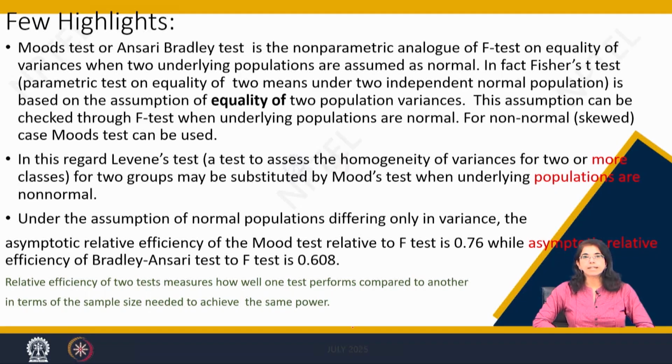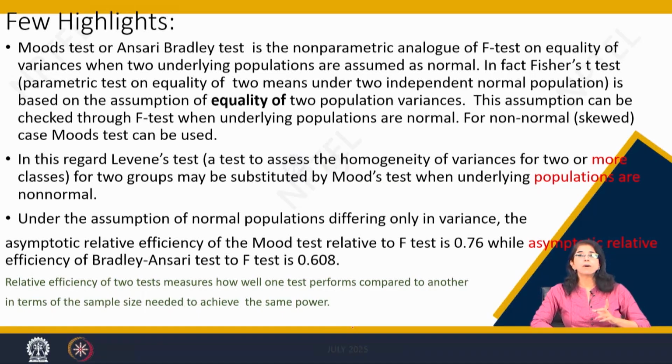This assumption can be checked through the F-test when underlying populations are normal. F-test means you have to see whether these population variances are the same. So under normality assumption, you can make a check through the F-test.